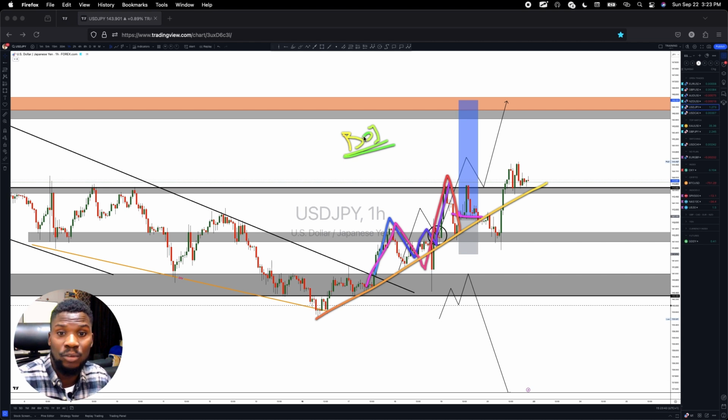So they are not quite sure as to what is going to happen. And I also noticed that the Japanese yen futures, the entire currency itself, is showing a very bearish momentum. Coupled with the fundamentals, I figured I'm going to just give it a shot, and I took a shot at the buy.